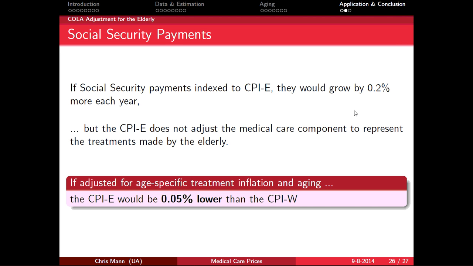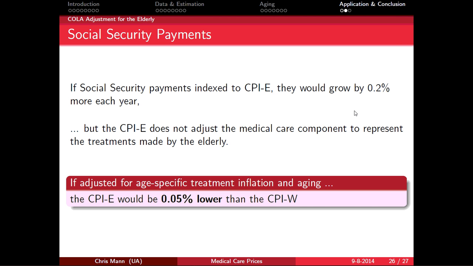Now, one thing that I have failed to do so far in these figures is to look at how much is actually paid, the self-expenditures by the elderly individuals. When I was comparing expenditures, I was looking at total expenditures paid not only by the elderly individual, but also by their insurance company, Medicare, Medicaid, and anyone else who's paying for this particular treatment.